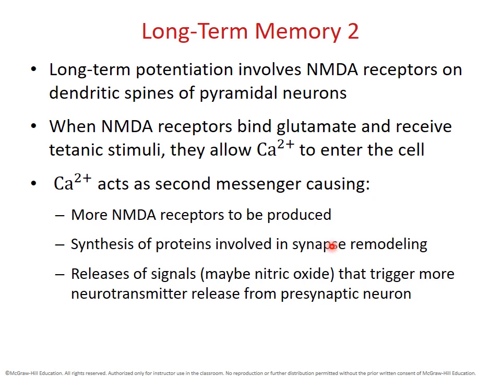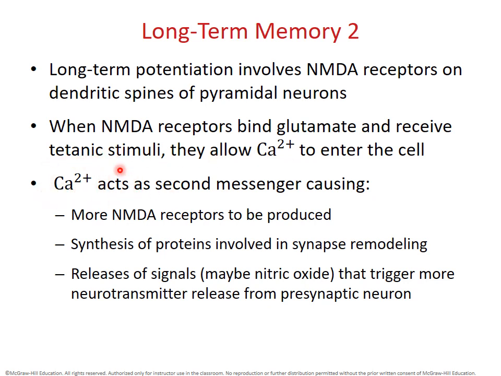And so long-term potentiation involves GABA receptors, specifically on dendrites of pyramidal cells, a special kind of neuron in the central nervous system, which we didn't have to talk about. But at any rate, they appear to bind glutamate, and this again alters calcium levels in the axon terminal, and it also can alter calcium levels in the postsynaptic cell.